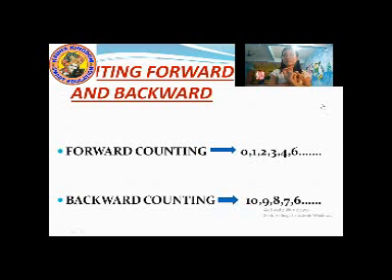This is known as backward counting. Just the opposite of forward counting is backward counting, and the opposite of backward counting is forward counting. Okay, students, understood? For this also we are going to watch one video.